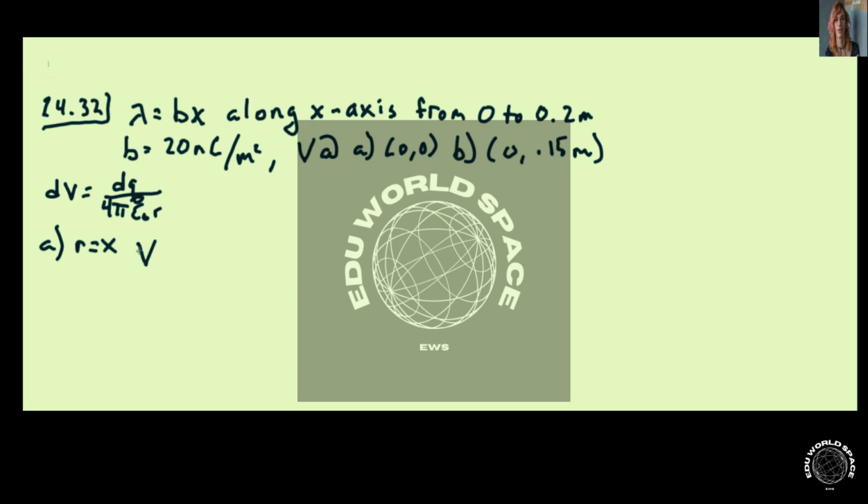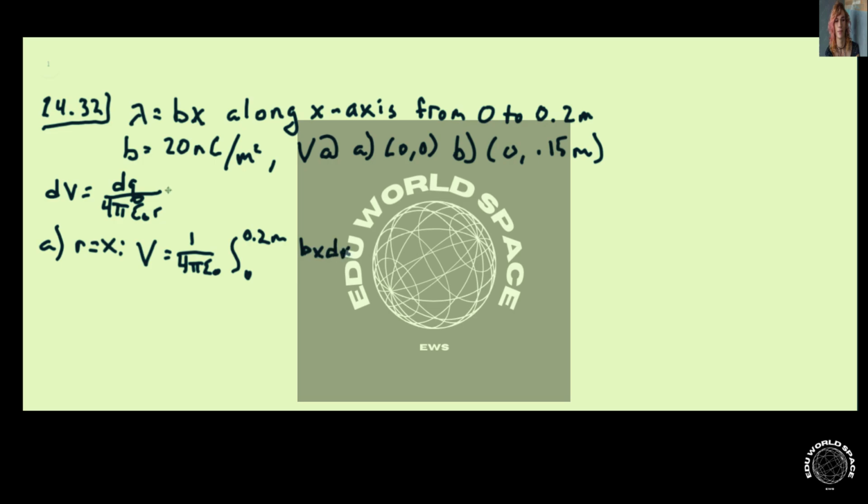So then V is going to be equal to 1 over 4 pi epsilon naught times the integral from 0 to 0.2 meters of dq over x.